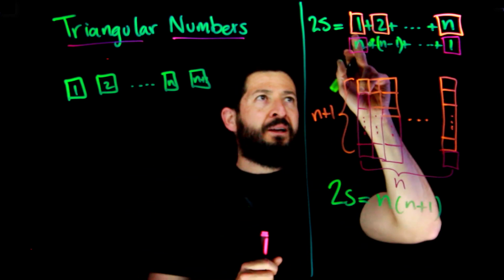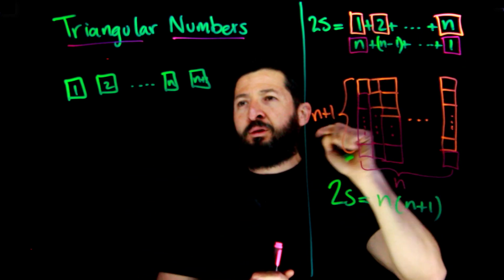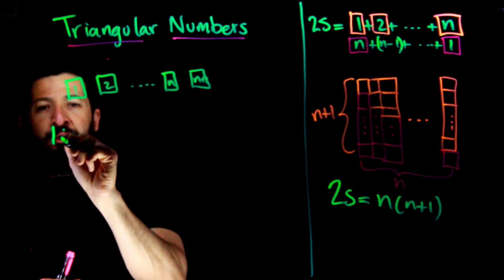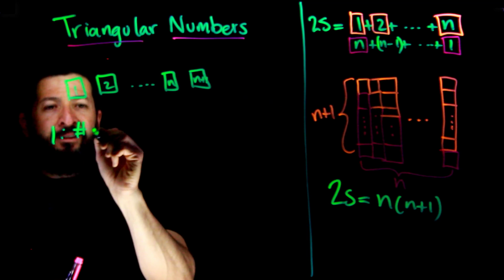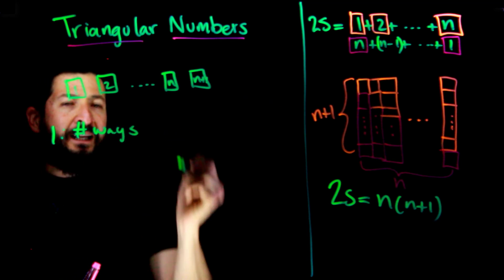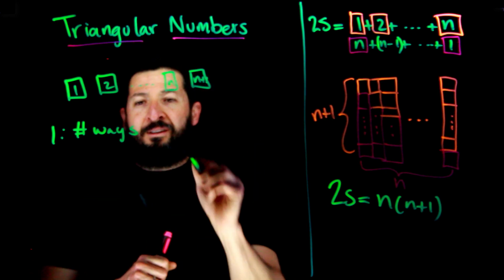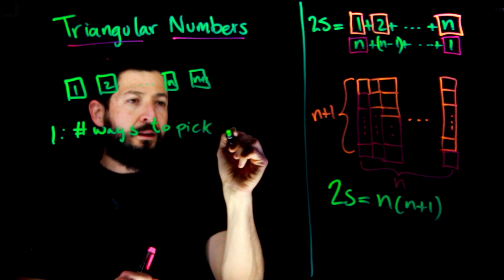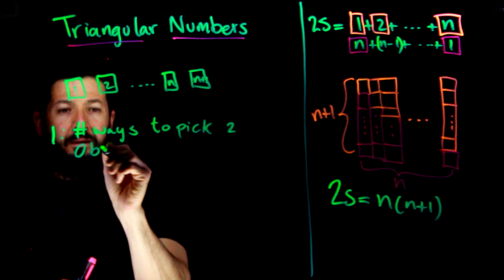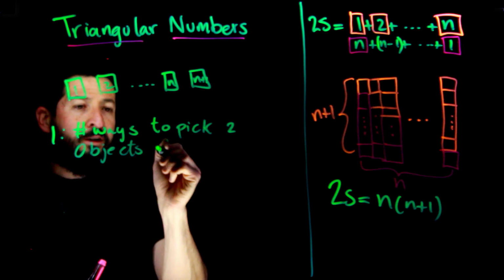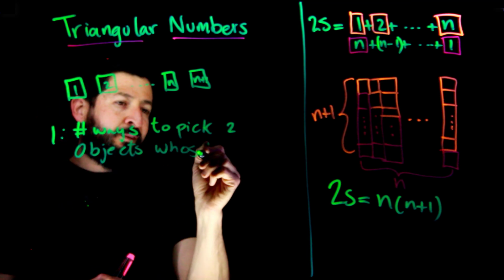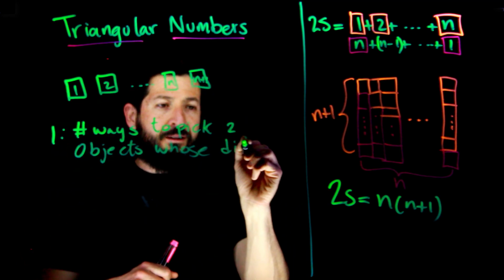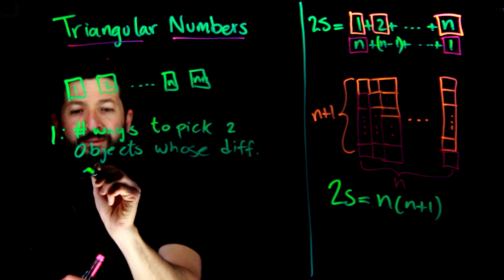So I'm gonna choose 2, and each number here in this sum is going to represent one situation. So the number 1 is going to correspond to the number of ways I can pick 2 objects whose difference, or the difference between the numerals that I gave them, equals n.